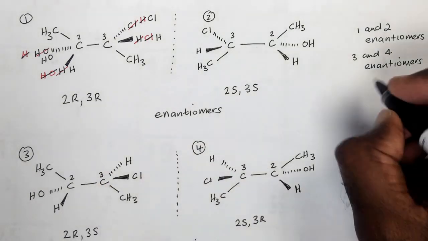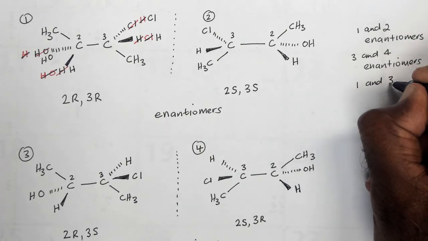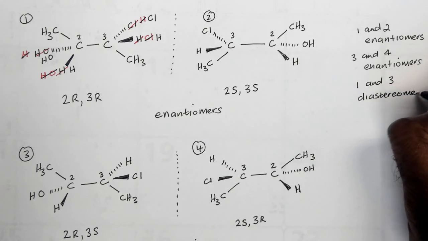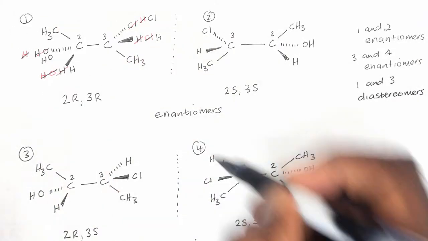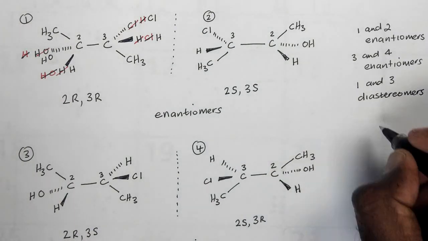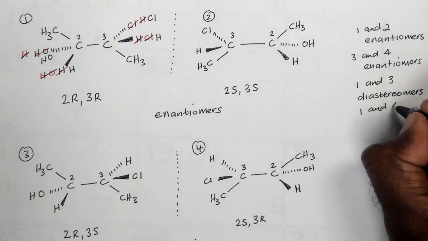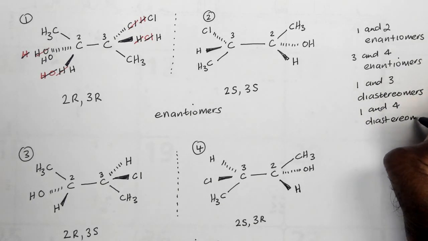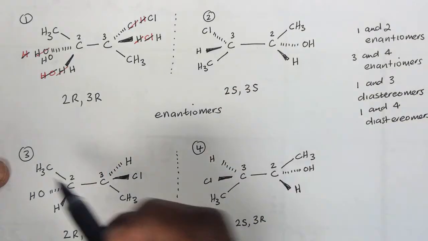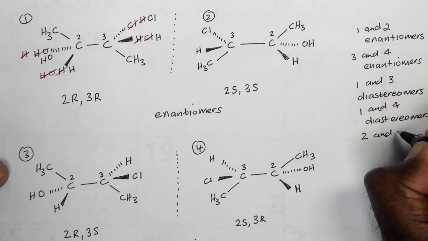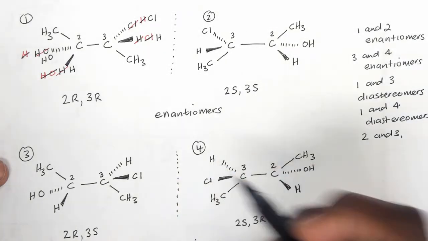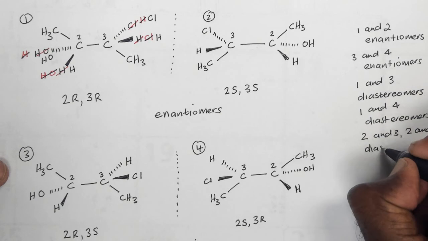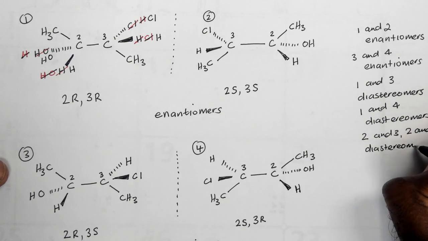In that case, we call 1 and 3 diastereomers. 1 and 4 we also call diastereomers, as would be 2 and 3, and 2 and 4. So all of these are pairs of diastereomers.